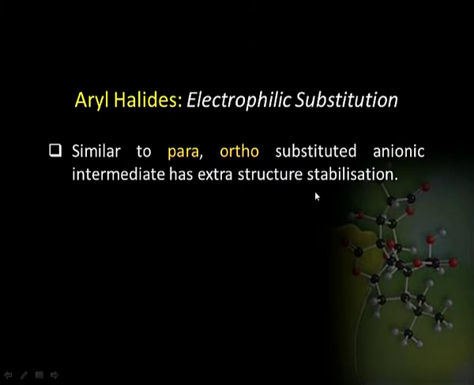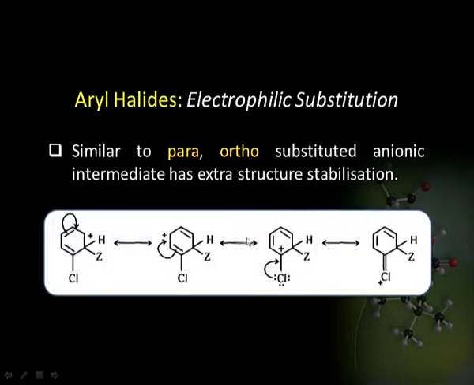Similar to para, the ortho substituted cationic intermediate has an extra structure stabilization. So, this particular ion also gets stabilized. This is an ortho substituent where again the lone pair on the chlorine atom helps in the stabilization of the intermediate, and we get a double bond during the resonance stabilization.